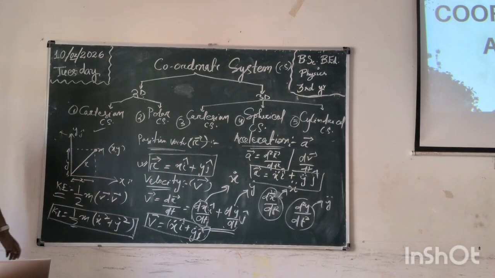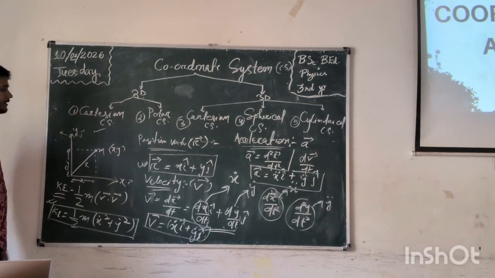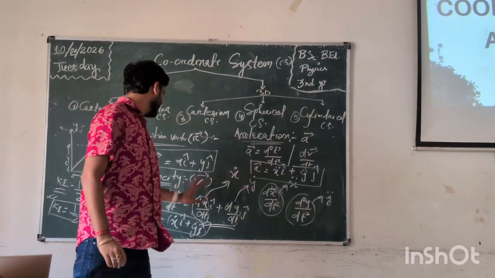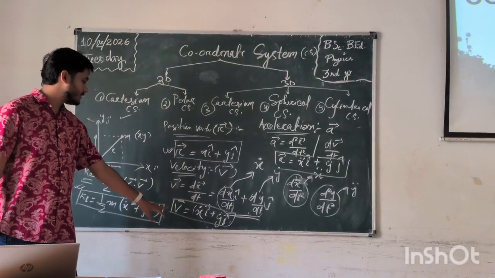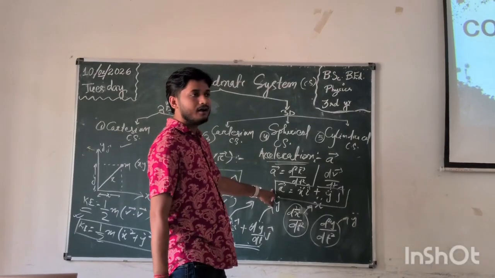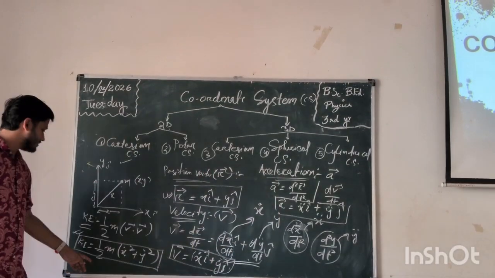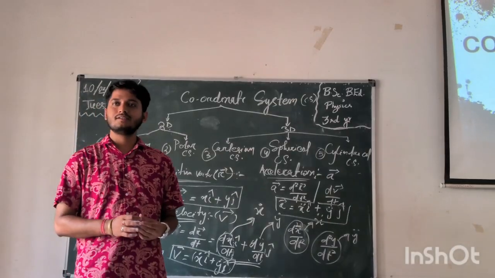In Cartesian coordinates of 2D, we get these four expressions. This is the expression for position vector, this is for velocity vector, this is for acceleration, and this is for kinetic energy. All of you understood this?